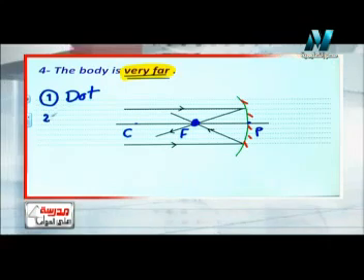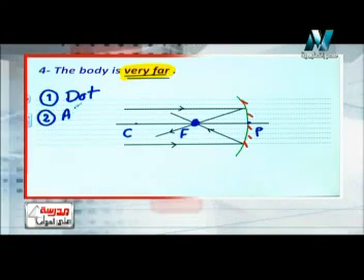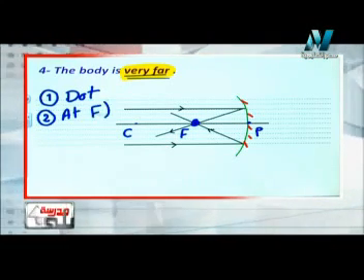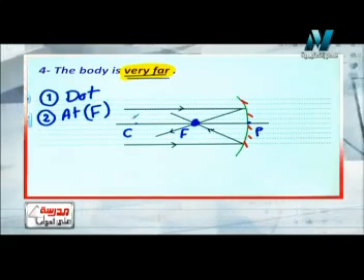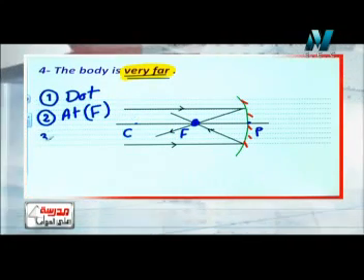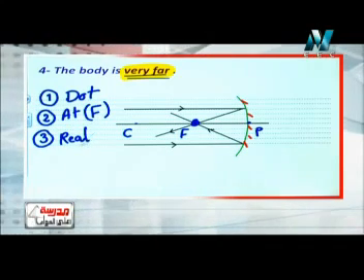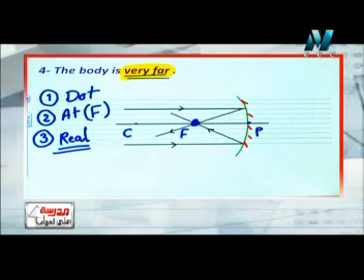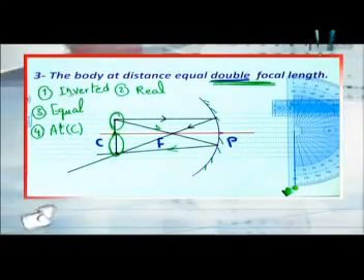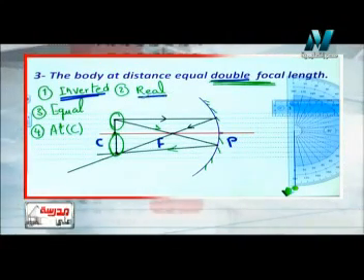Number two, at what? At focus. Okay? Number three, of course, real. How did we know it is real? Someone asks how we know any image is inverted or real. Why real?